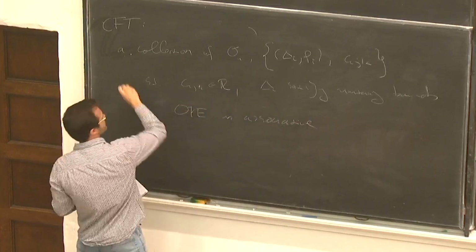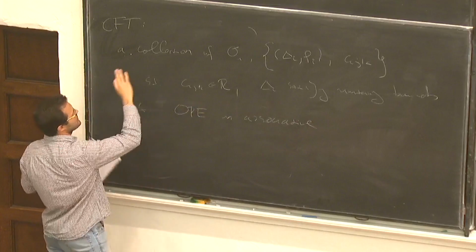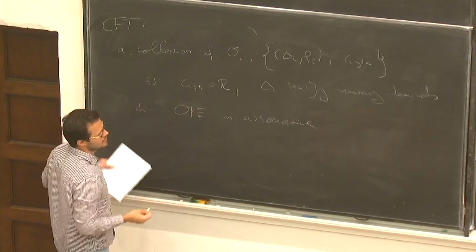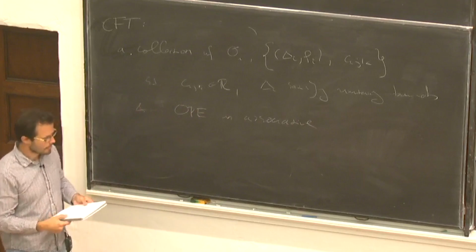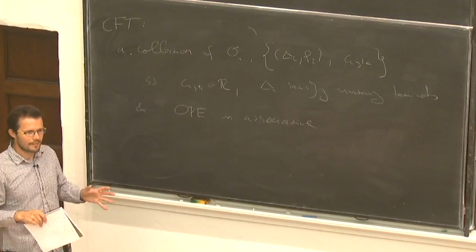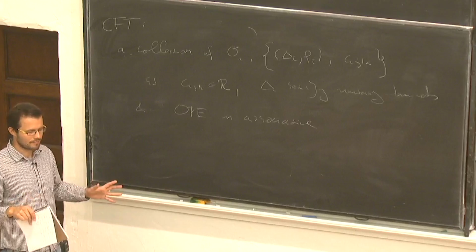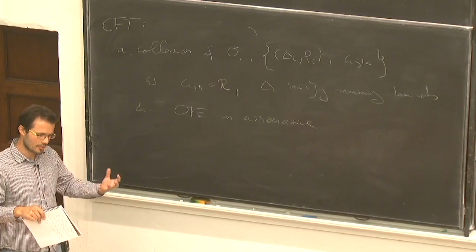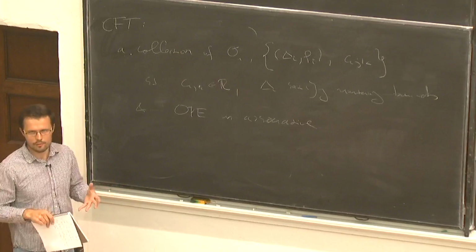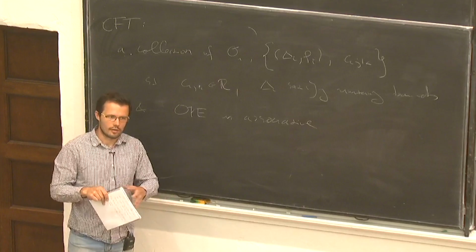Now this sort of axiom or definition is extremely constraining. I'm not claiming that this is a complete set of axioms for a conformal field theory. There could be some extra things you need to add in, especially about the behavior of CFTs on other manifolds.